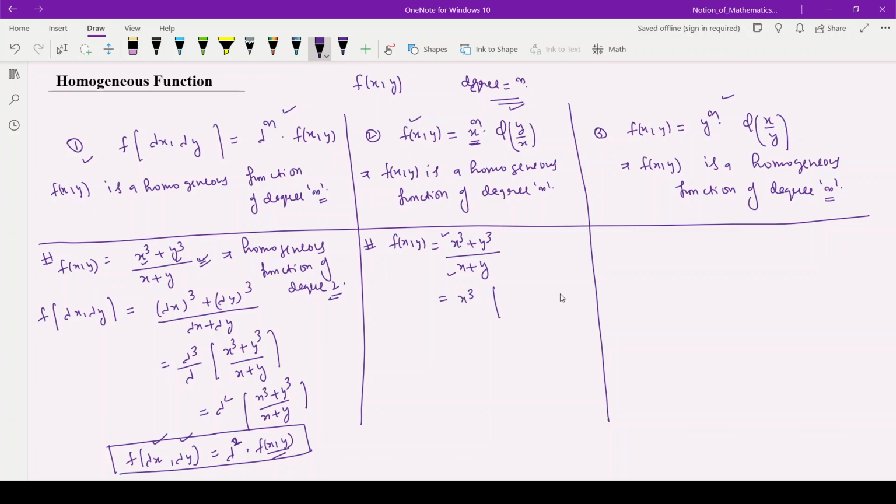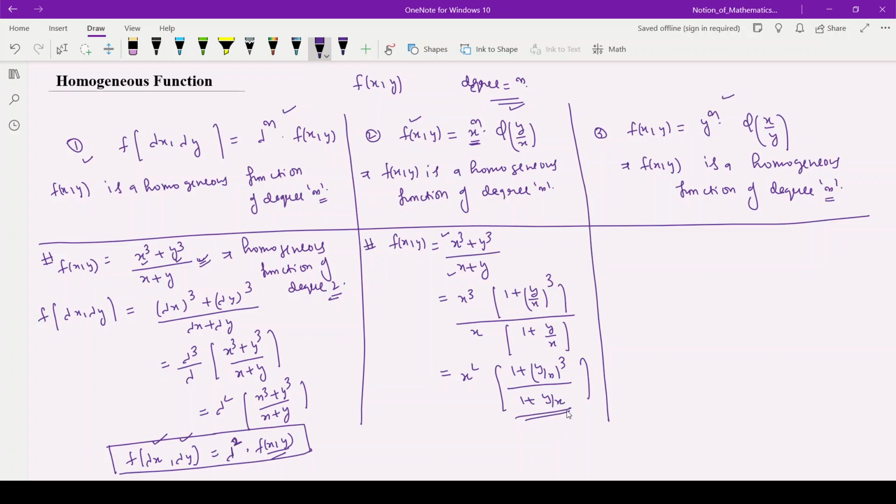So here I will be taking x cube common, so that is 1 plus (y by x) whole cube, and in the denominator I am taking x common, that is 1 plus y by x only. So ultimately, students, it is x square into (1 plus y by x) whole cube upon (1 plus y by x).